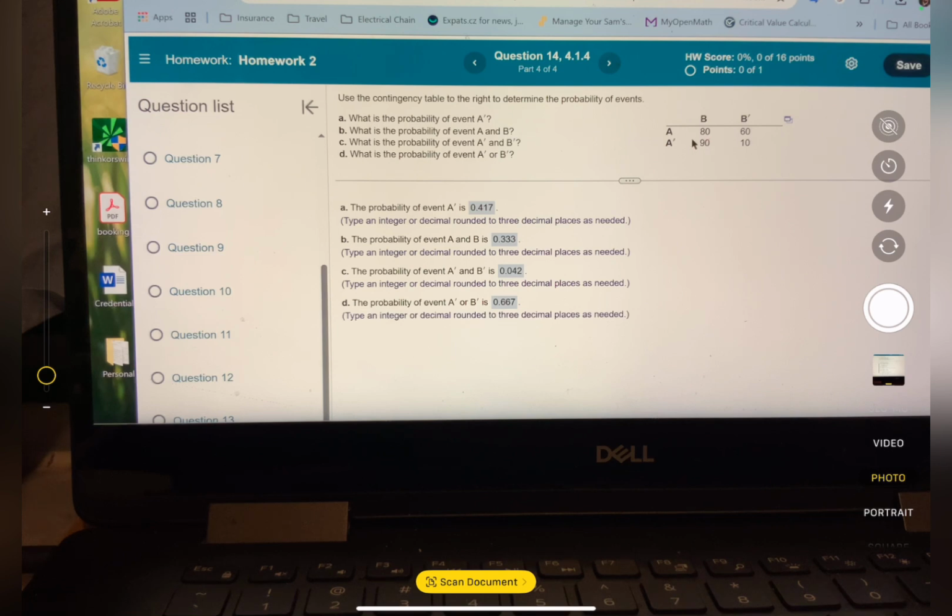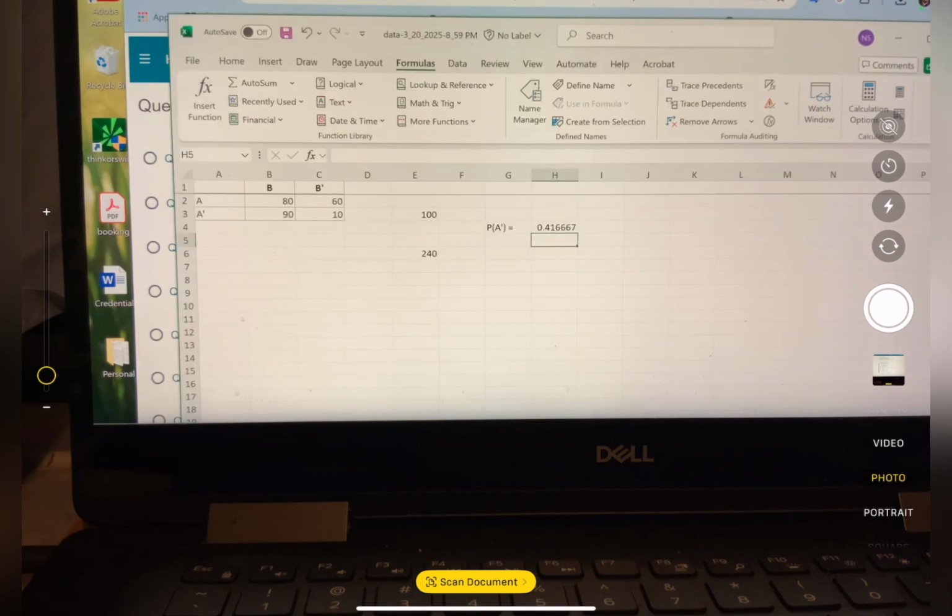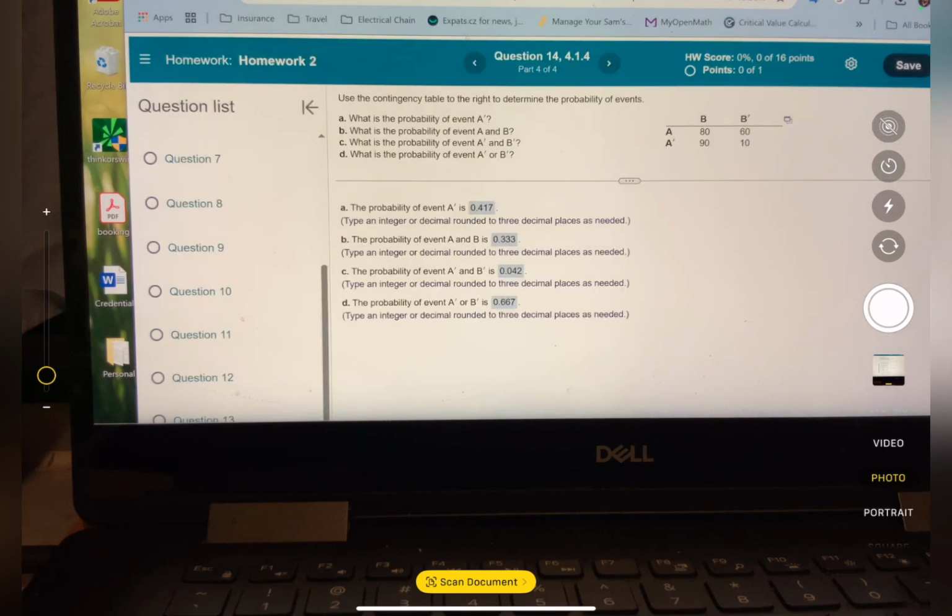So I'm clicking on this 80 and dividing by the grand total, 240. That gives 0.3333, so 0.333.